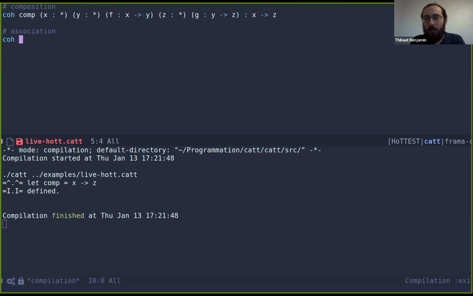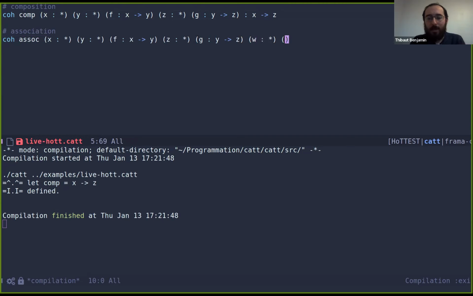So again, I'm defining a new recipe. I call it ASOC because it's the associativity. I'll just copy paste this context here because it's just an extension of that.